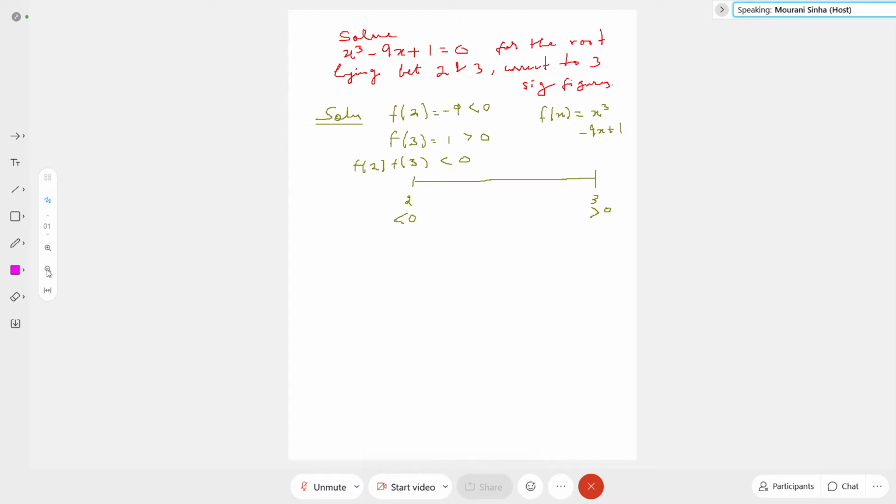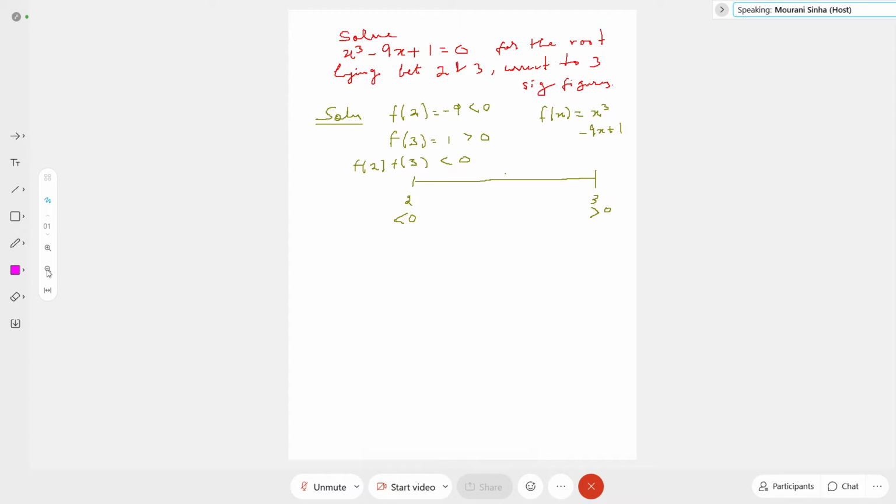Before going to the computational table, we are just showing you with this diagram how the bisection method goes about. One has to be positive, one has to be negative. I mean the function. Therefore, the root lies between 2 and 3. Anyone has any question till here?